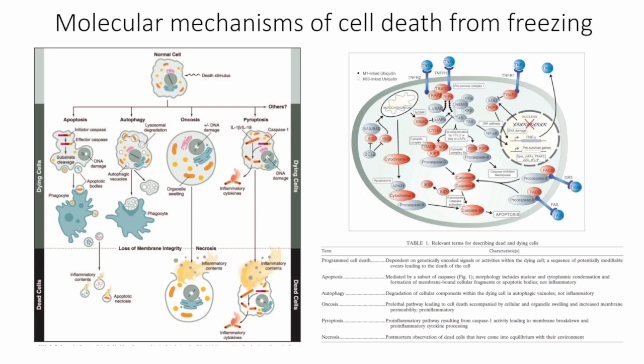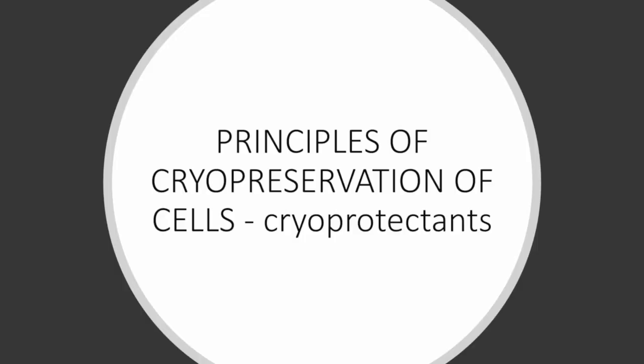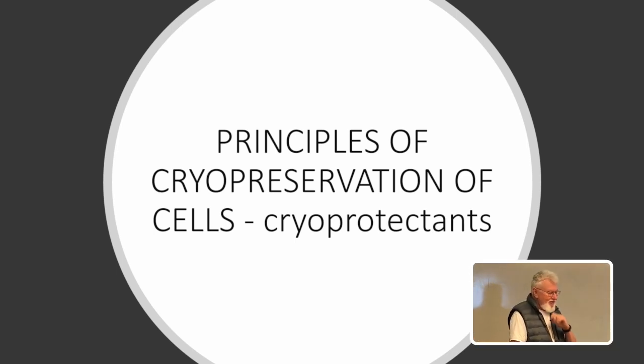So now the principles of cryopreservation. As I mentioned earlier, in 1949 it was found that the addition of glycerol improves the survival of cells to minus 79 degrees centigrade. So experiments show the following.